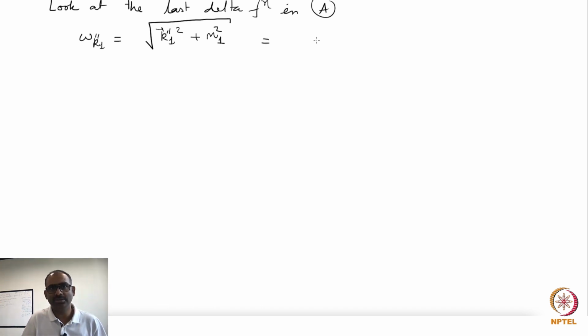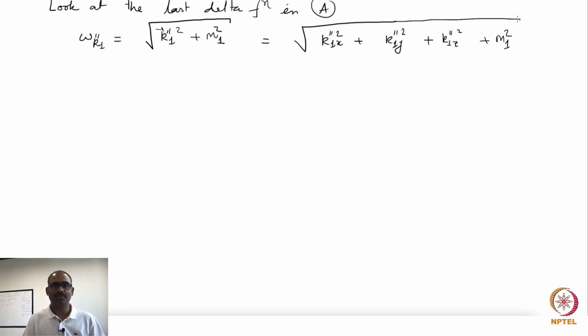Okay, and what is this? It is just k1 double prime x square plus k1 double prime y square plus k1 double prime z square plus m1 square. Now, I have already argued that k1 double prime x is the same as k1 prime x.